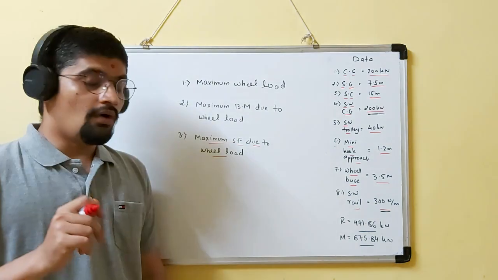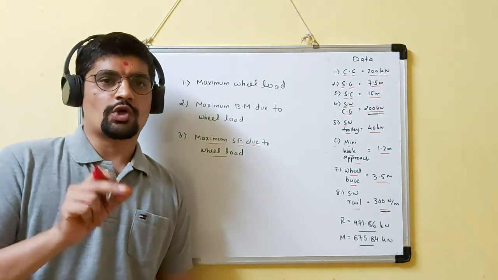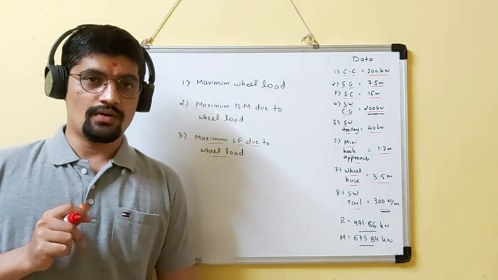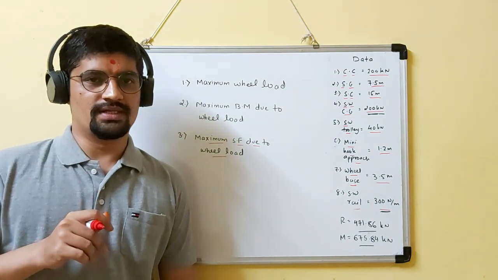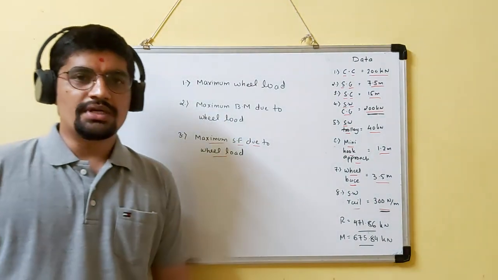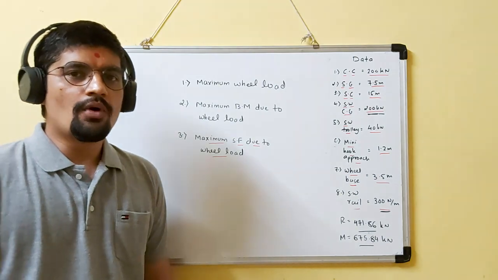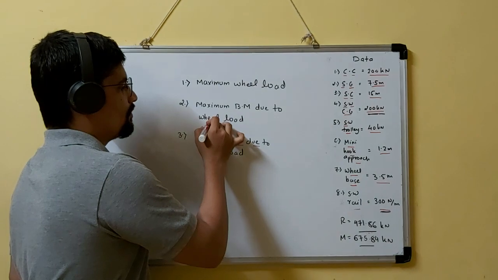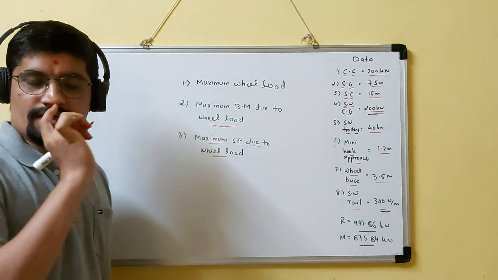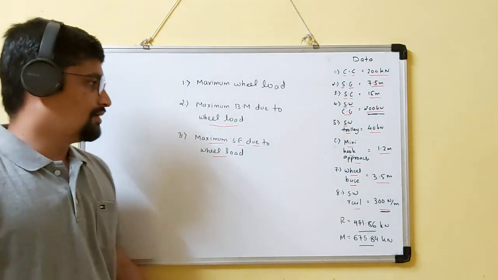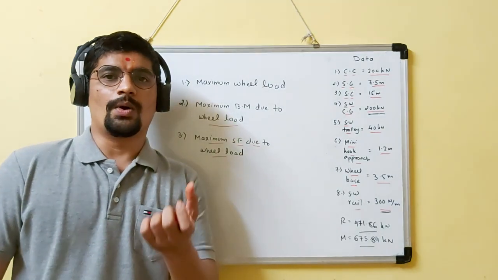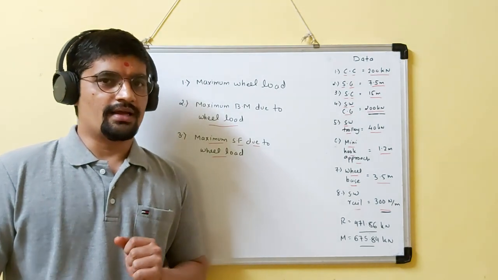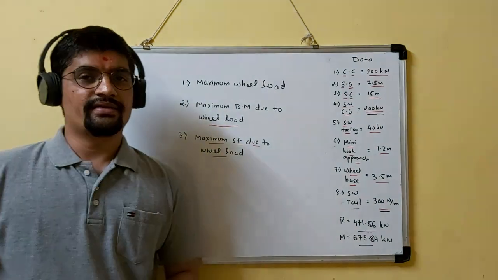On the crane girder we have placed a trolley, and the trolley also has its wheels. The trolley has four wheels, so we also need to find the bending moment that occurs due to the wheel load of the trolley. That's why we need to find the total load on the wheel of the trolley.